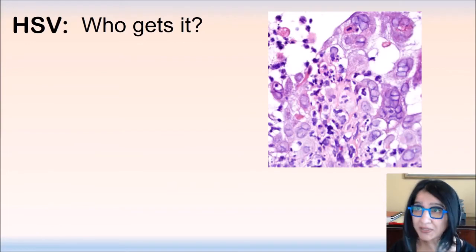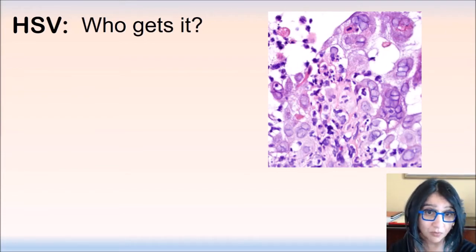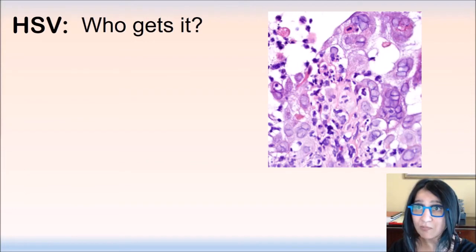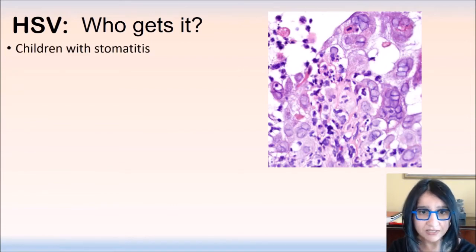So let's talk about who would get herpes simplex virus infections. Of course, there are many infectious circumstances for which HSV is responsible, but we'll talk about just the most common ones that we would encounter. In pediatric patients, you might see HSV type 1 as a stomatitis. So a lot of breakouts around the mouth. So those cold sores, it can be fairly widespread around the mouth in these pediatric patients.